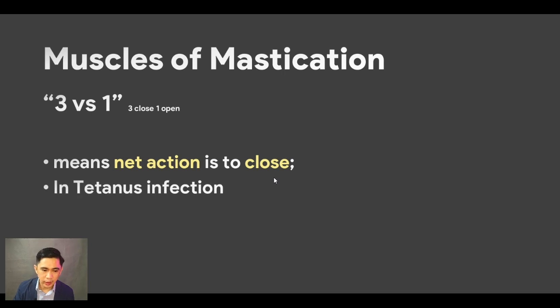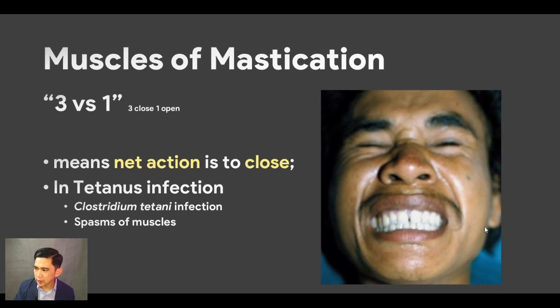Just like in the case of tetanus, when there is a tetanus infection, a toxin from Clostridium tetani causes spasms of muscles, more prominently in the muscles of mastication. So patients will have a locked jaw, because the net action is to close: 3 muscles will close it, only 1 will open it.